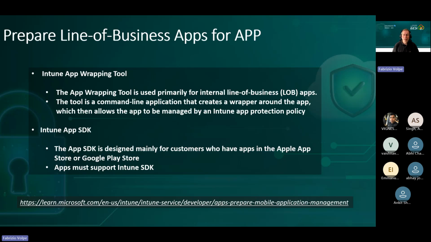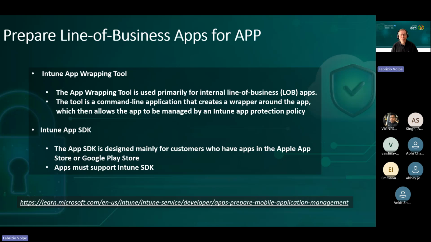Plus, if you want to create an app and publish it in, I don't know, the Google Play Store, and you want it to be able to work with Intune, you can write your app with the Intune SDK support inside. So when you publish it on a public marketplace, the support for Intune is already inside, okay? Clearly, as you understand, in this case, I need access to the code. I need to write an app that has the SDK inside.